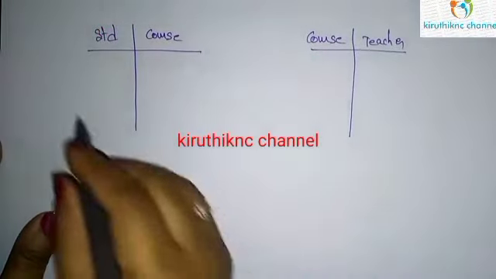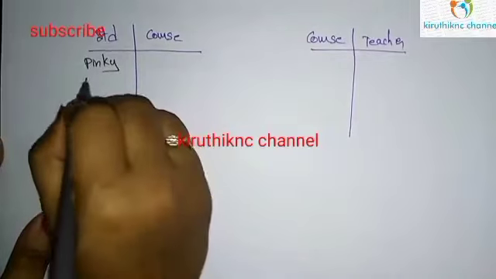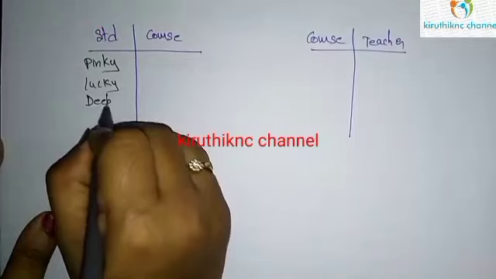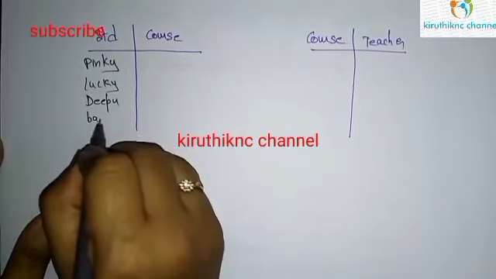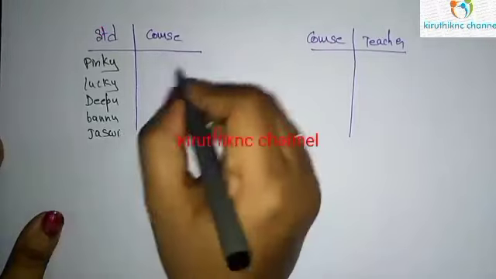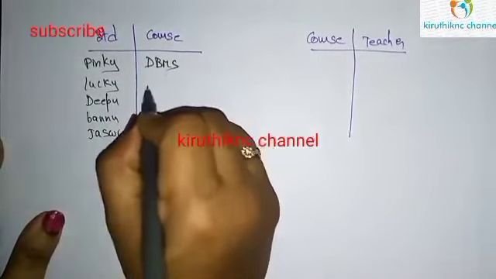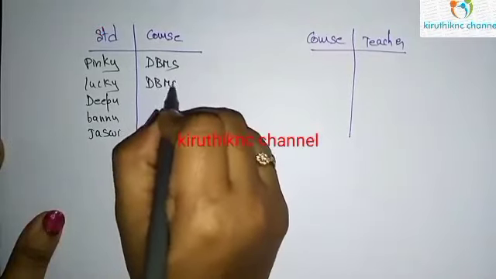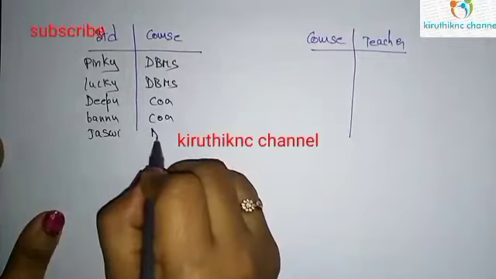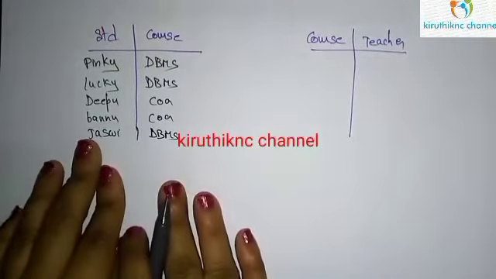Our students are Pinky, Lucky, Deepu, Banu, and Jasvi, and the related courses are: Pinky is doing DBMS, Lucky is also DBMS, then COA, and DBMS. So this is one table.